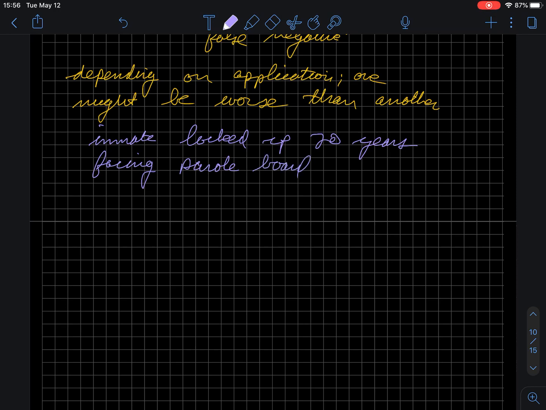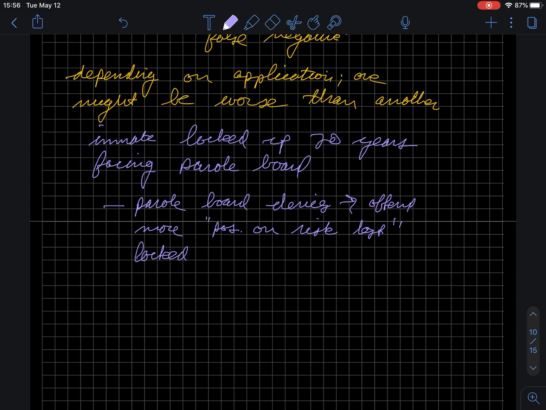An example of a false positive would be the parole board denies parole because they think you're going to offend more. So you are positive on the risk test, and you are then locked up when you could be free.